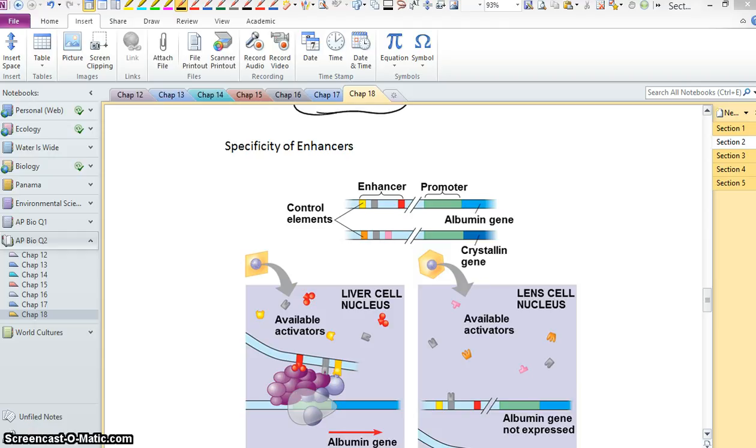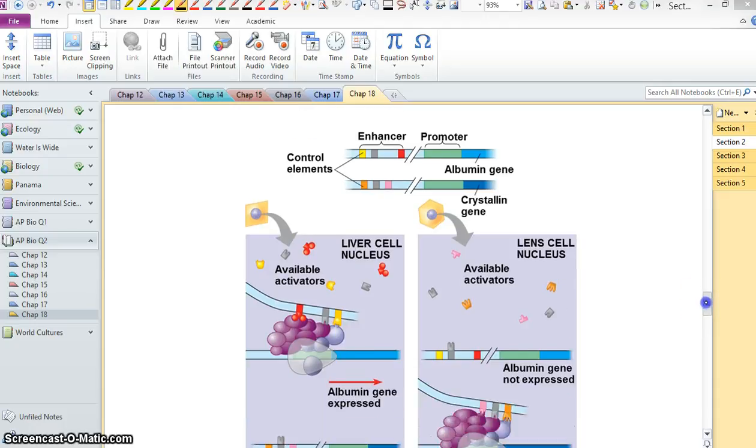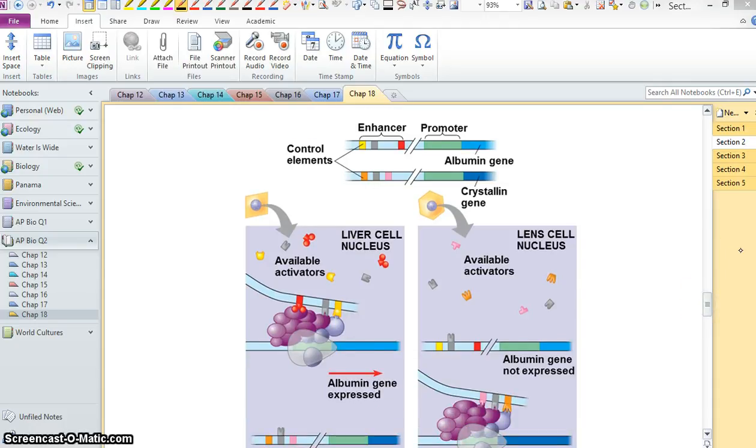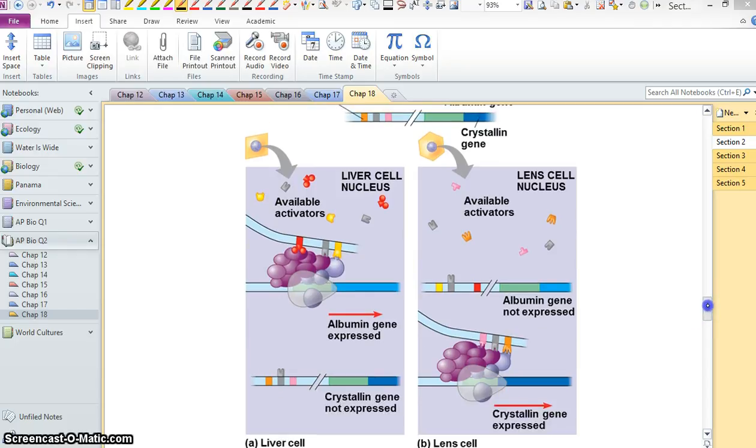Enhancers are what give you some specificity of which genes are expressed in which cells. Again, all of your cells contain the complete genome and all the genes necessary for you, but only certain genes are used in certain cells. For example, albumin is a protein that's needed in liver cells, and so you have the activators that will allow that gene to be expressed.